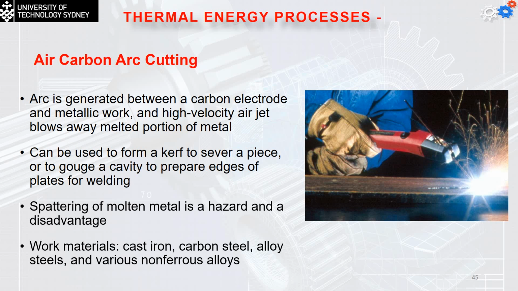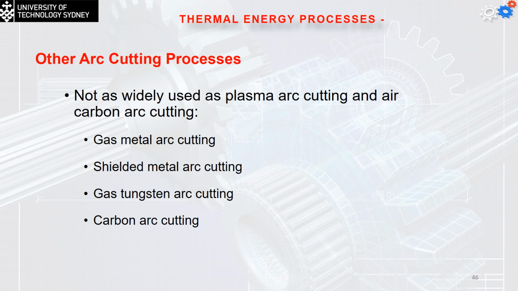The spattering of the molten metal is a hazard and disadvantage in this process. The work materials are usually metals like cast iron, carbon steel, alloy steels, and various non-ferrous alloys.